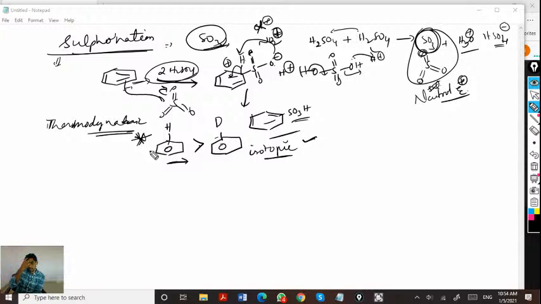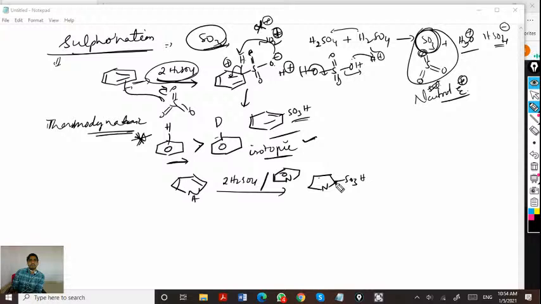Next, if it is pyrrole, it requires sulfuric acid along with pyridine as a supporting agent so that it will be sulfonated. For five-membered rings, the electrophile will attach at the second position.